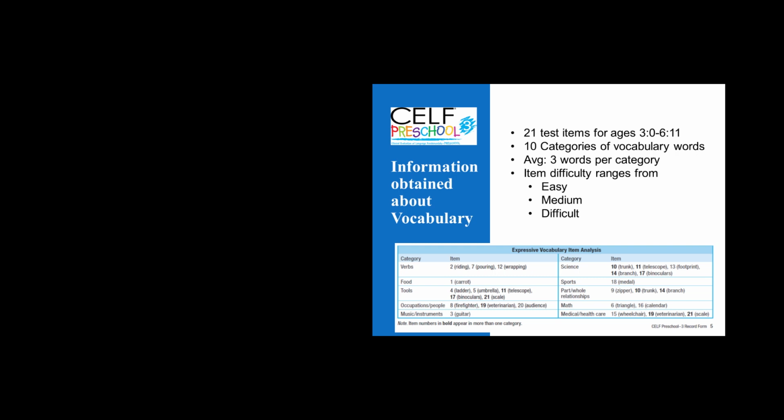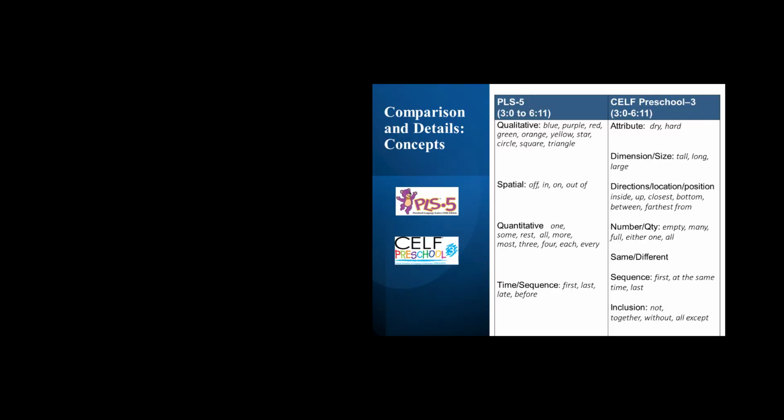Although, as I pointed out earlier, if you're testing a child who's 3 on PLS, you have more items at that age level, but no vocabulary that gets any more difficult. On CELF Preschool, it starts from easy, starting at age 3, easy vocabulary, medium difficulty, and difficult vocabulary.